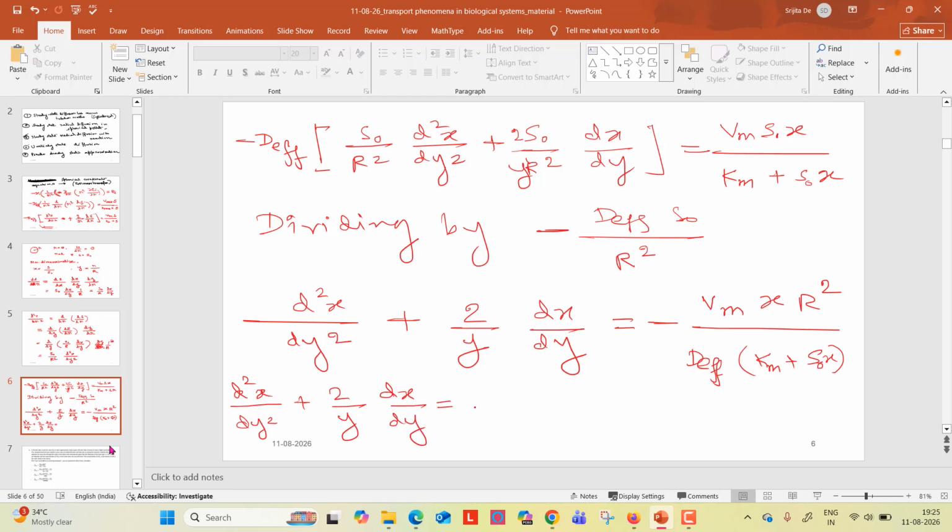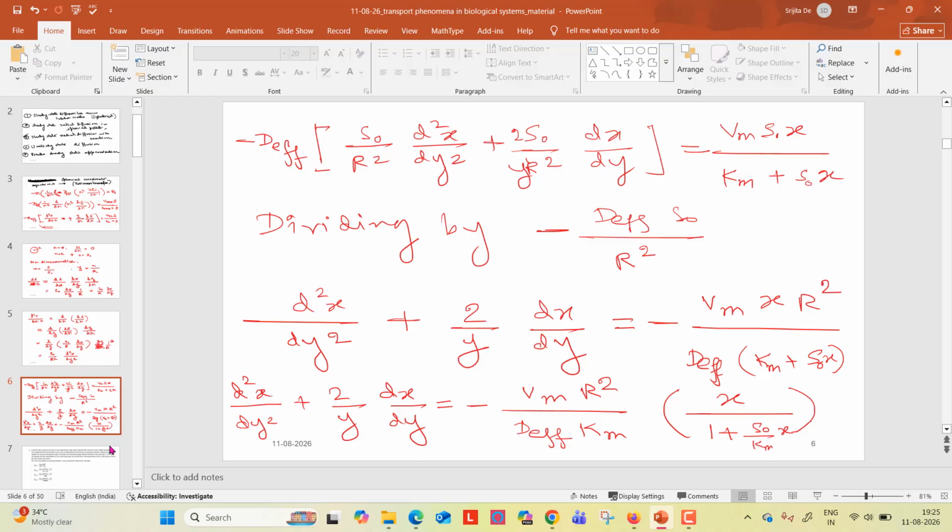All these terms are coefficients: Vm, Df and Km. If you take Km common, x will be as it is, so it will be 1 plus s0 by Km into x. This is just mathematics, nothing else.